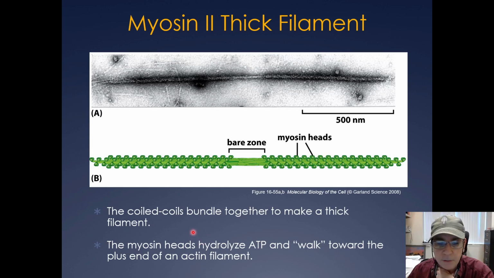And because it's bipolar, it goes in 2 directions, right? And we'll see in a second how the myosin head groups move on actin, but they hydrolyze ATP and they always walk towards the plus end. So myosins are plus end directed actin motors, okay?